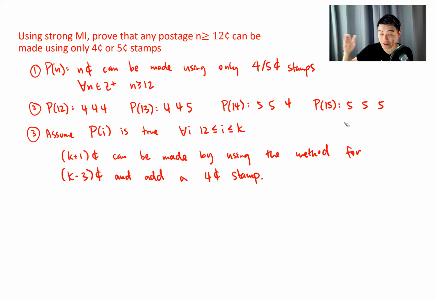I look back at how I made 12, and then I add a 5 cent stamp to that. So there's a similar argument here. This is not the only way that I can prove this. I can prove it along the lines of the 5 cent stamp as well. But either way, we need enough in the basis for me to make that jump. Okay, so that is one of the characteristics of strong mathematical induction.